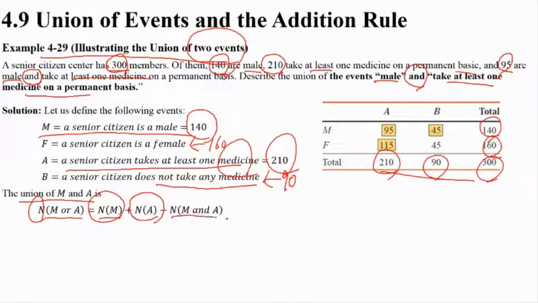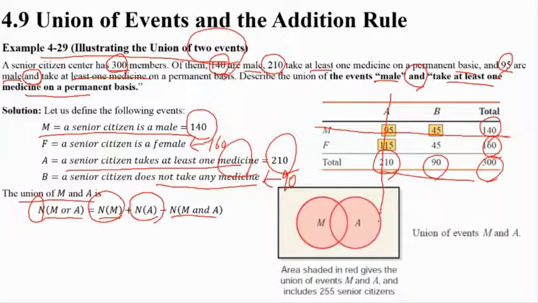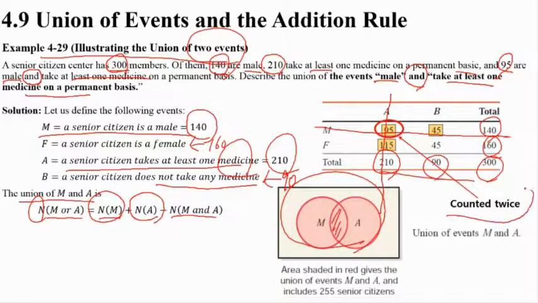And subtract. Why? We're counting males and those with at least one medicine, so looking at the diagram, all together, this part we count twice.